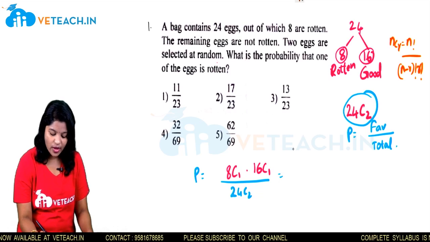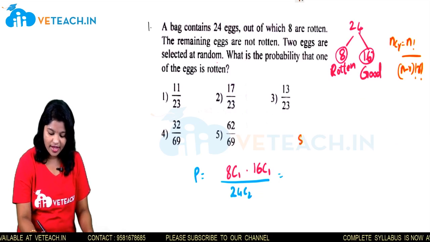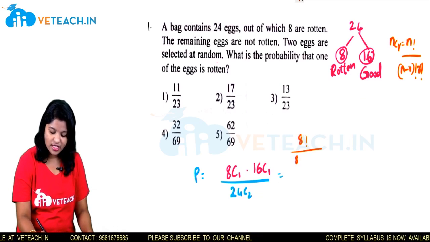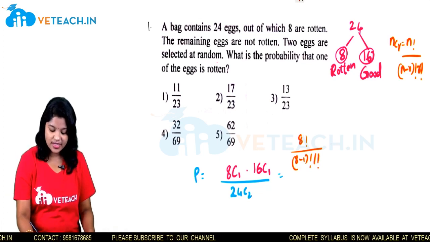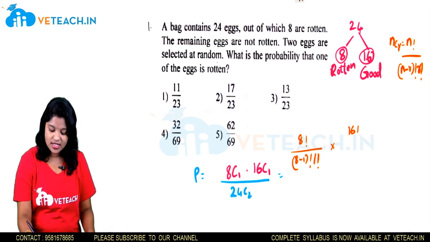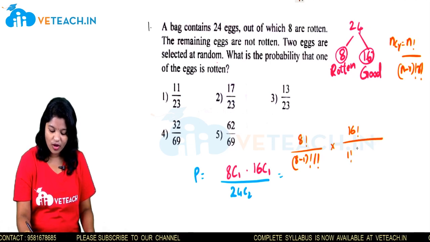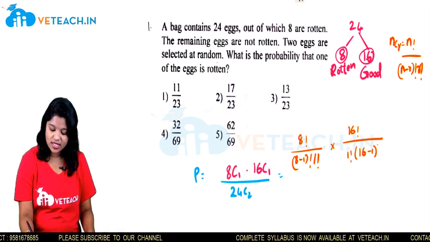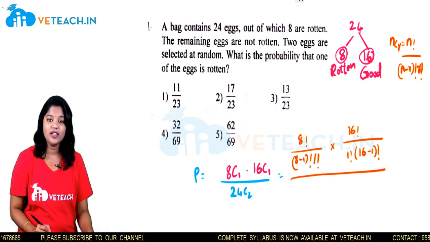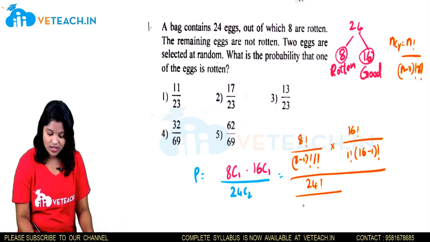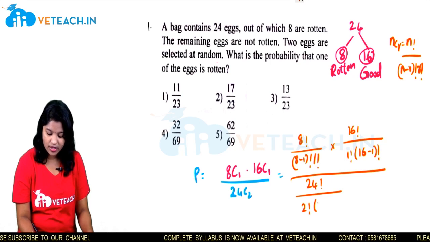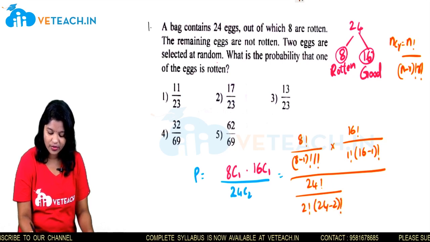So 8C1 can be written as 8 factorial by 8 minus 1 factorial into 1 factorial. Similarly, 16C1 can be written as 16 factorial by 1 factorial into 16 minus 1 factorial, divided by 24 factorial divided by 22 factorial into 24 minus 2 factorial.